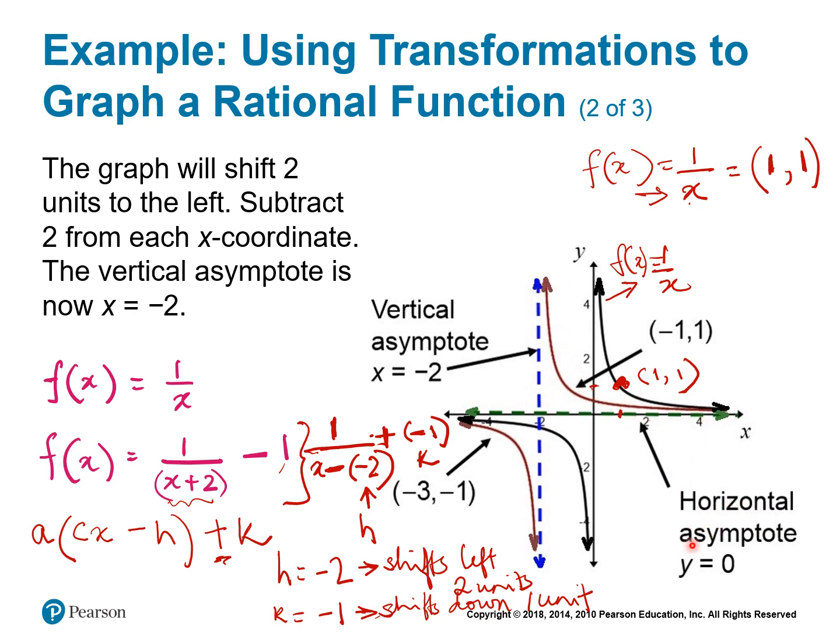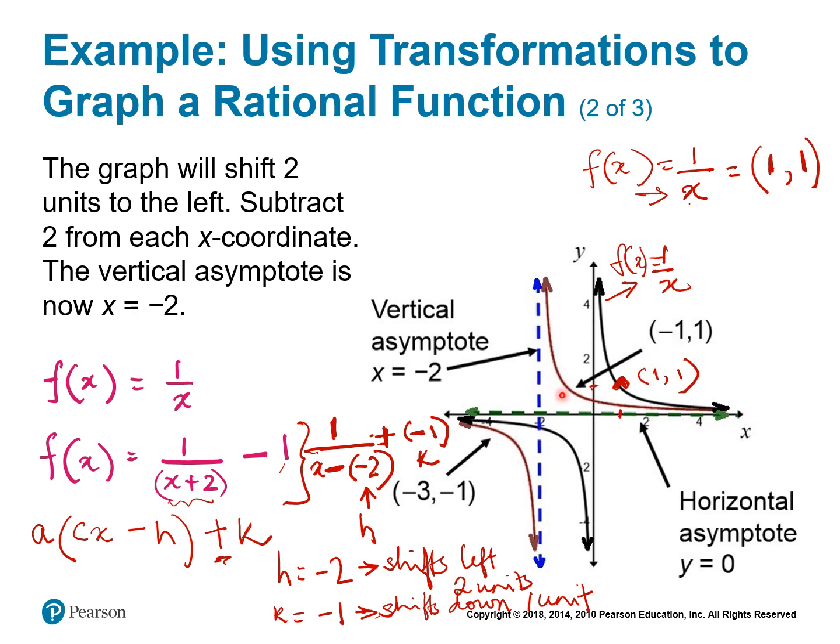The horizontal asymptote is still at y equal to 0, and we draw the graphs here. So this whole thing shifts to the left. So 1 comma 1, what was 1 comma 1? You subtract 2 from the x coordinate of 1, and that's 1 minus 2, which is going to be -1, right?